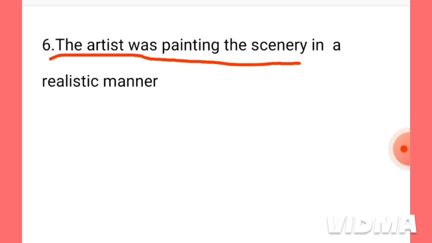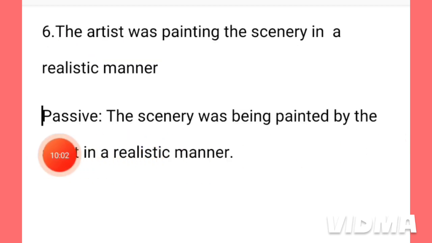The artist was painting the scenery. Now see the answer. The scenery was being painted by the artist in a realistic manner, this is the passive voice. Actually, the scenery is the object here, so we have positioned it at the beginning of the sentence. Then was, the auxiliary verb, has been put here.